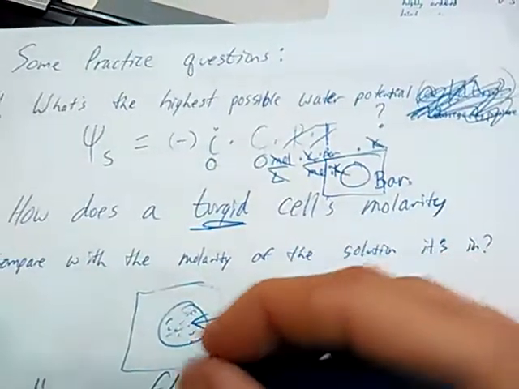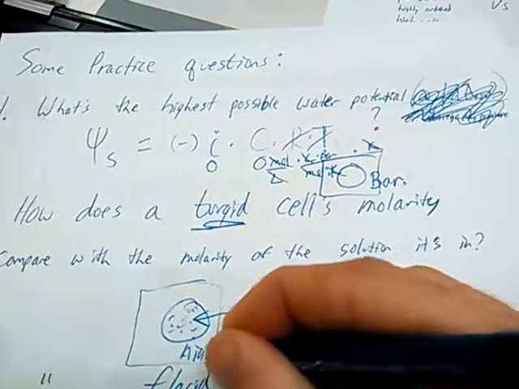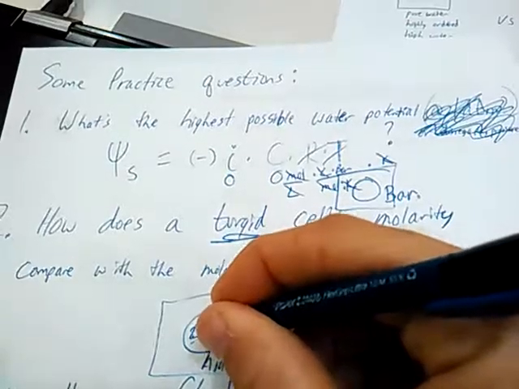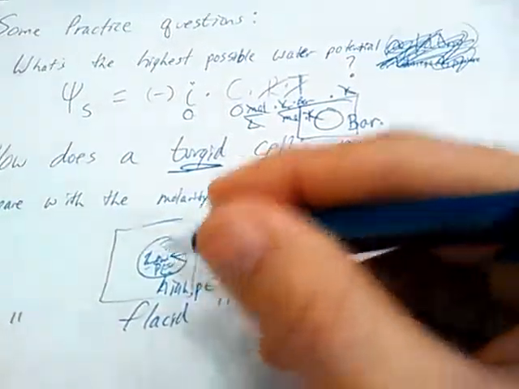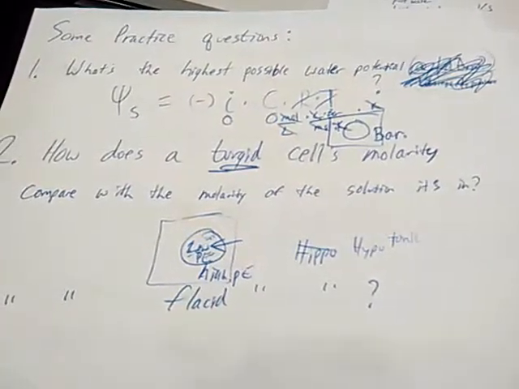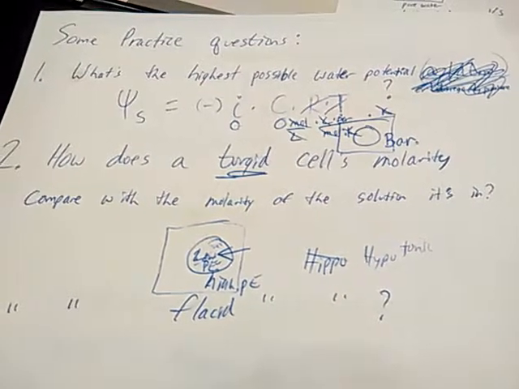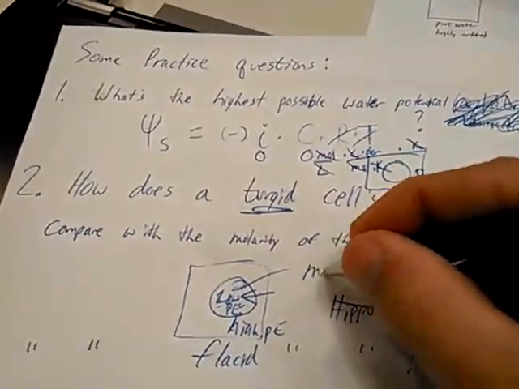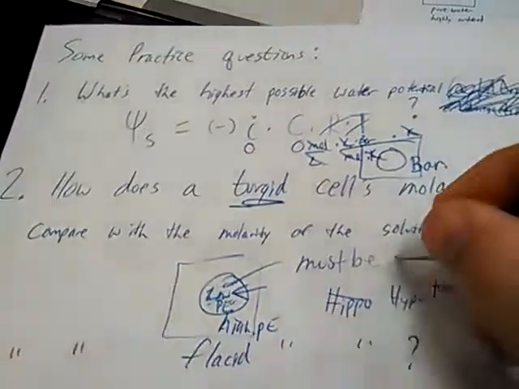It's moving from a high potential energy to a low potential energy. So that water is going to move from high to low potential energy. Okay, so we've got that one. How does the molarity of the turgid cell compare with the molarity of the solution it's in? It must be higher.